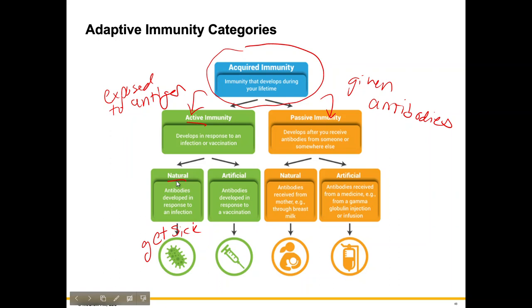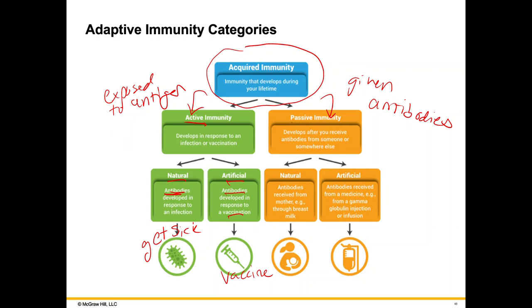By the way, that's key there too. In active immunity, we are exposed to antigen and we develop antibodies. In artificial active immunity, we are not going to get sick, but we're still going to develop antibodies due to vaccination. All right, so vaccination.